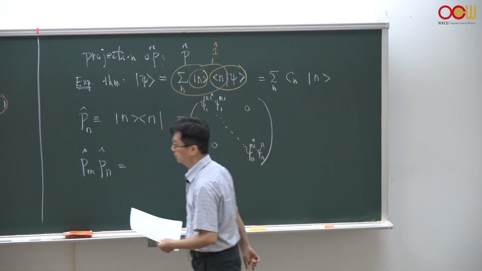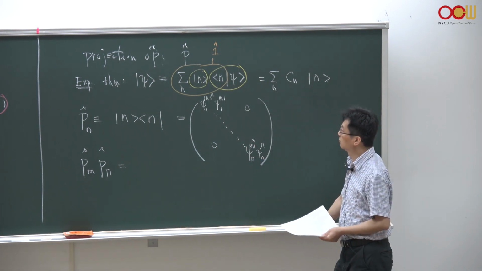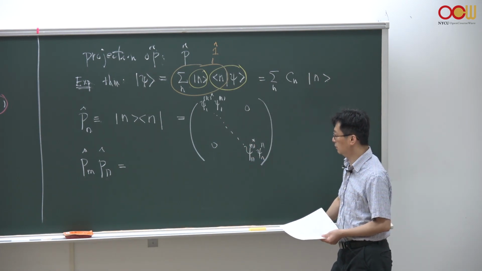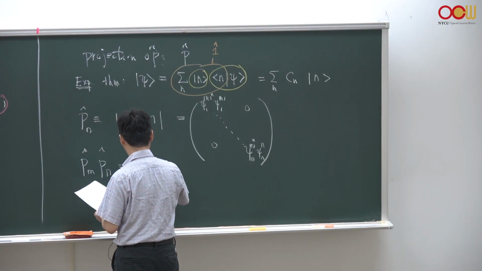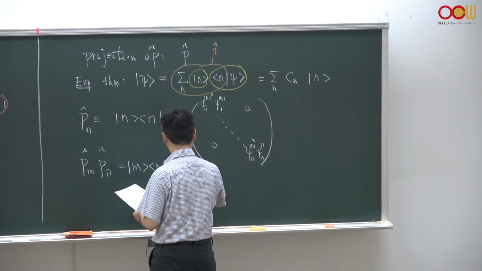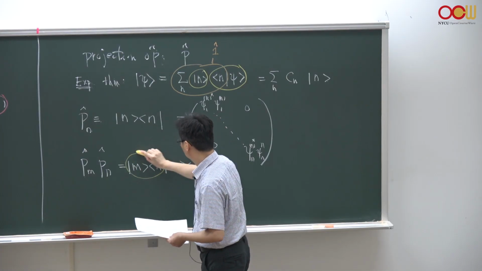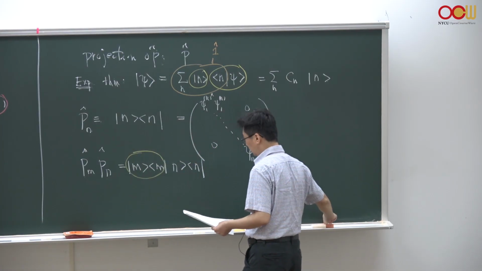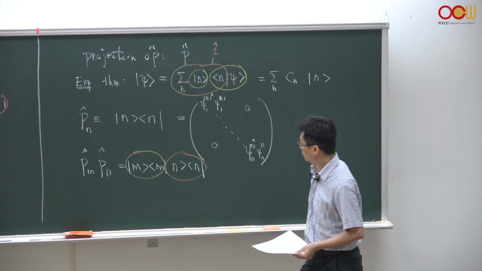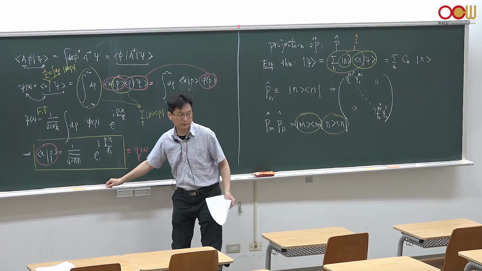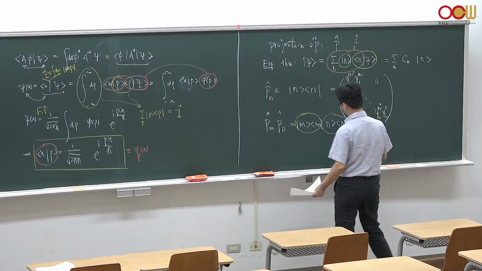Suppose I make a product between these two projection operators Pm and Pn, and I can simply plug in the definition, which is this, right? So this is Pm and this is Pn. But of course, you could look at this product in a different way, right?